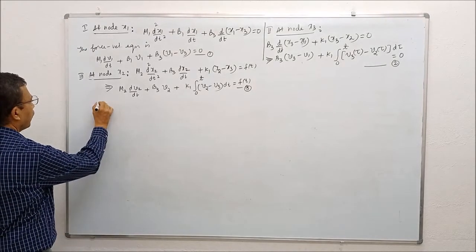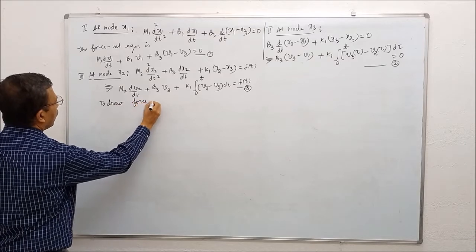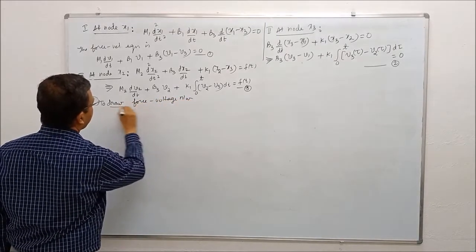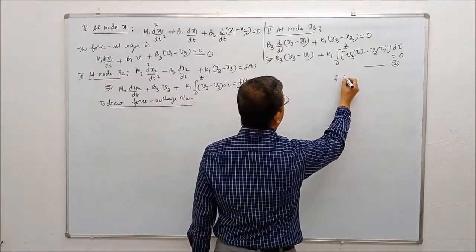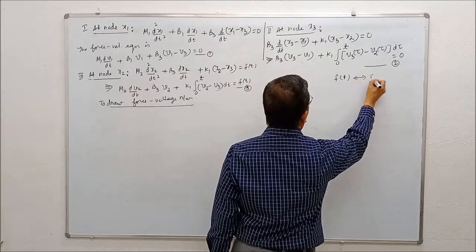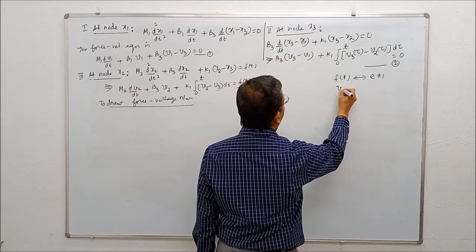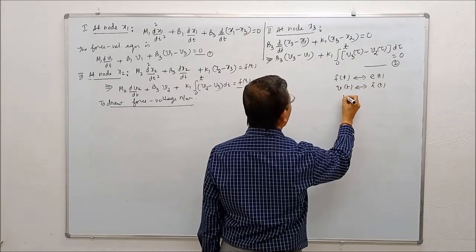To draw force voltage network. Here F of t is equivalent to E of t. V of t is equivalent to I of t.